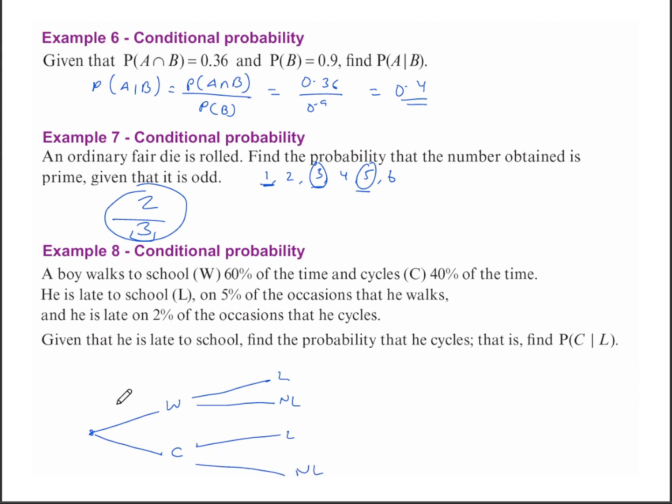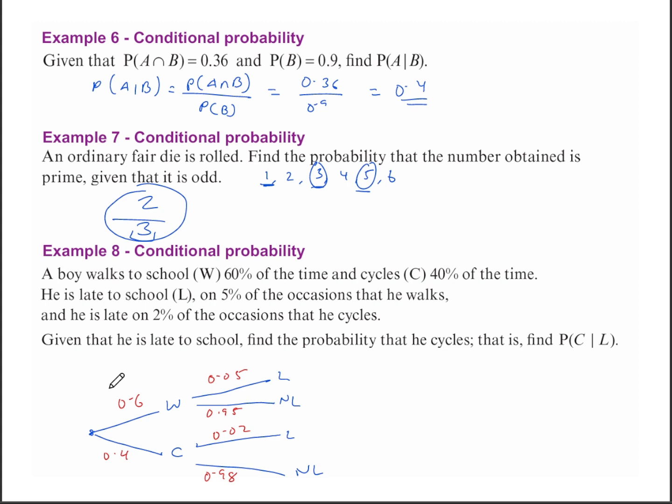So he walks 60% of the time, so 0.6 is his probability, and he cycles 0.4, 40% of the time. He's late to school 5% of the time when he walks, so 0.05, and not late the other time, so 0.95. And he's late when he cycles 0.02, and he's not late 0.98. Now they are saying given that he's late to school.